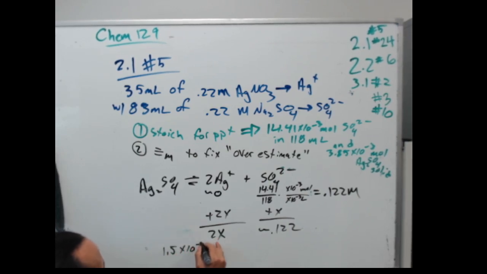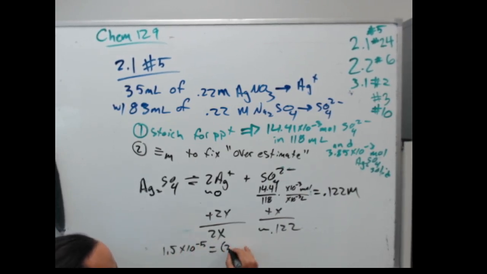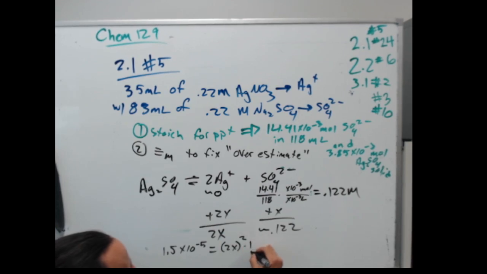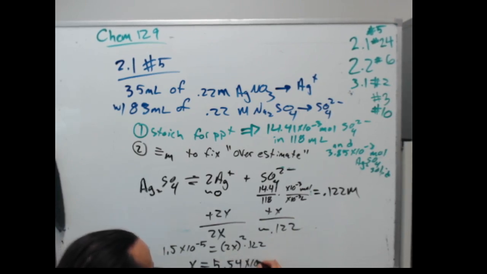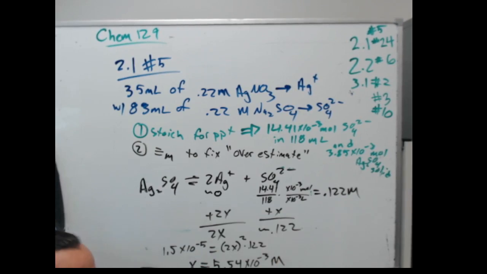1.5 times 10 to the minus 5 is going to be equal to 2x squared times 0.122. I solve for x. Is that still on screen? That's still on screen. Solve for x. 1.5 times 10 to the minus 5 divided by 0.122 divided by 4, square root. 5.54 times 10 to the minus 3 molarity.